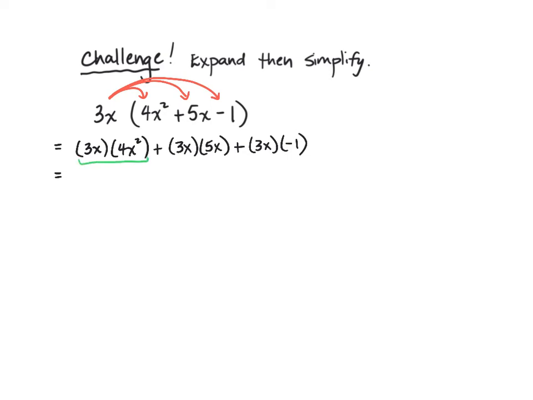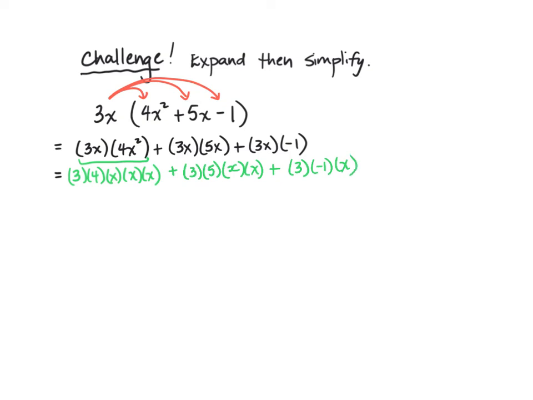So if I wanted to, I can think about that as being 3 times 4 times x, and then another x squared, which I could write as x times x. The next part I could write as 3 times 5 times x times x, and of course the last bit I can write as 3 times -1 times x.